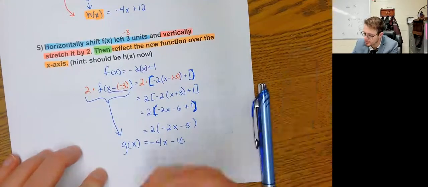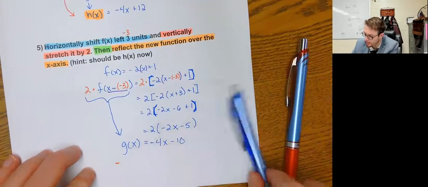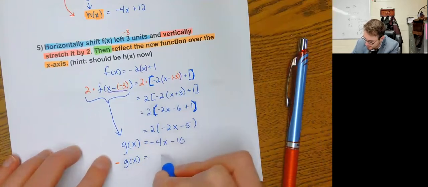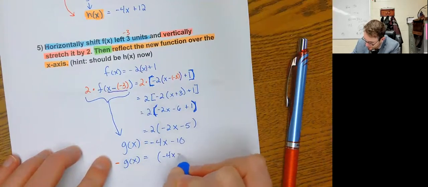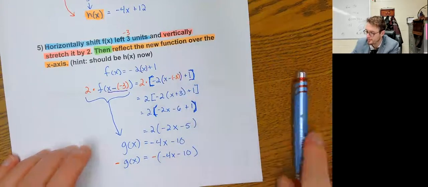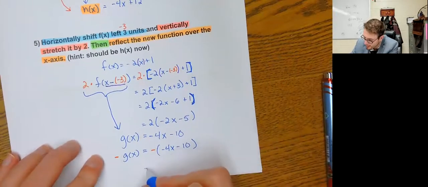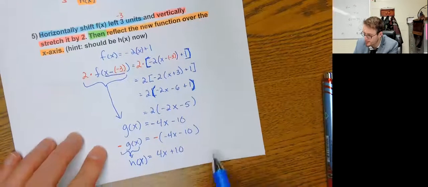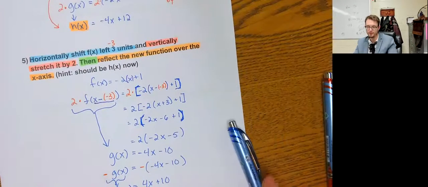So that means I'm going to multiply the whole function by a negative, and that will give me positive 4x plus 10, and that means I have now changed this to be h of x.